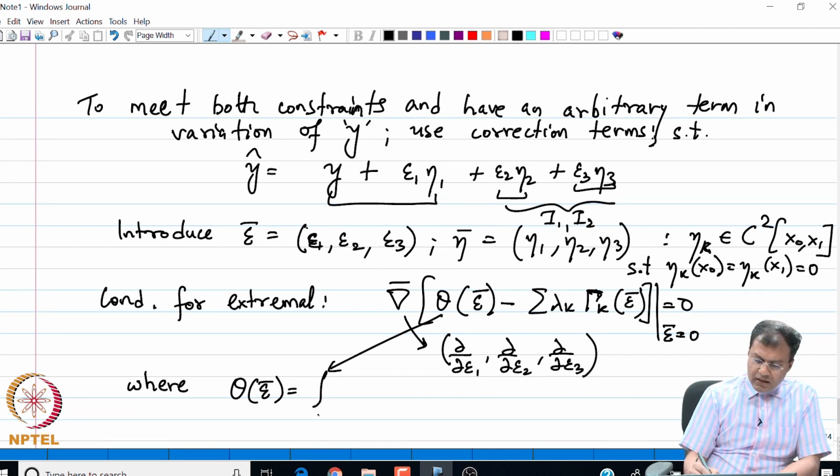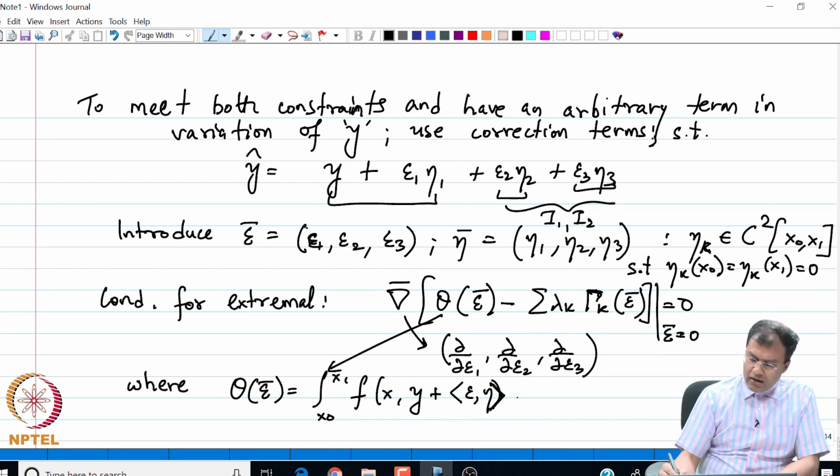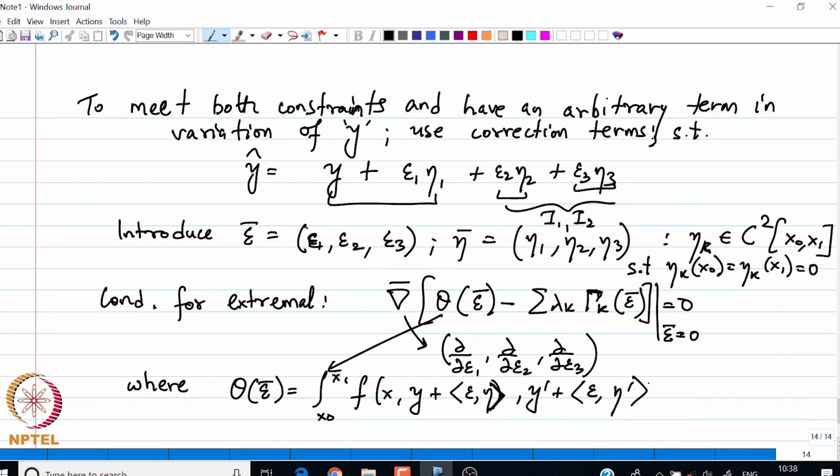The theta functional is the integral from x 0 to x 1 of f of x comma y plus epsilon eta comma y prime plus epsilon eta prime, dx, and my gamma k of epsilon is my isoperimetric perturbation in my isoperimetric constraints, which is the kth component, g k. So, k is 1 and 2; k depends on the number of constraints that we have.